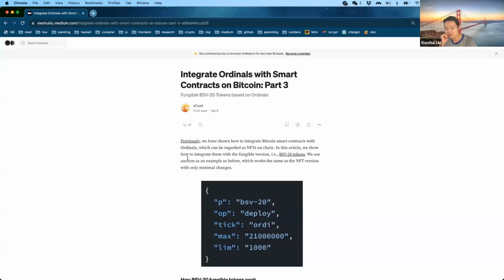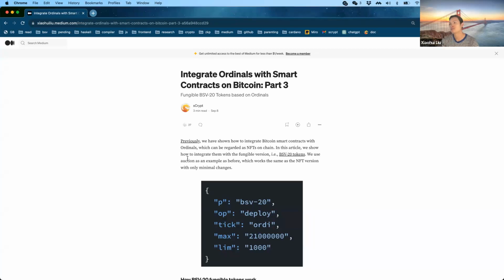And this thing is not divisible or exchangeable. It's like an ordinal representing the Mona Lisa, or the title of your car. There are no two versions or two units, so this is called non-fungible.